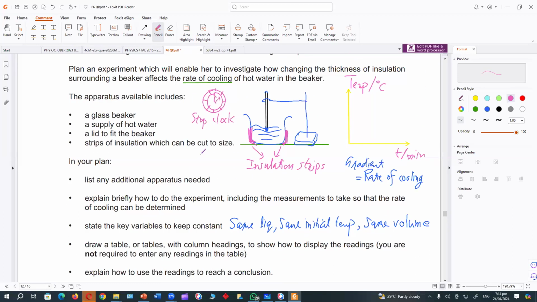So the experiment is done with the one insulation, then second insulation, then third insulation. For every insulation, we will repeat the trial in the same way.